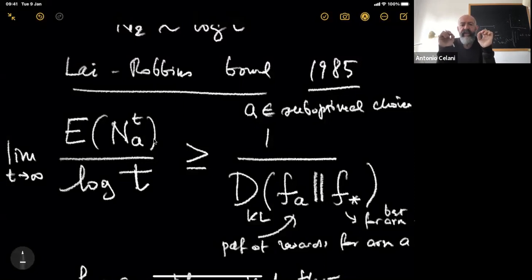It tells you that you have to keep on visiting apparently bad options. Okay, you cannot stop exploring, never. You should go on and on, but at the smallest acceptable rate. Which means that cumulatively you must be logarithmic. The cumulative number of times that you visit a bad option must be logarithmic.